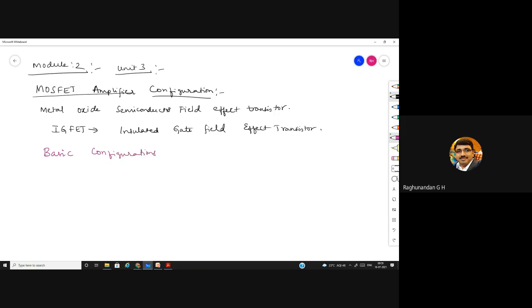So in the basic configurations, we have three types: common source configuration, common gate configuration, and the third one is common drain configuration.